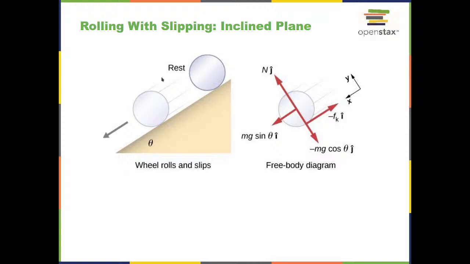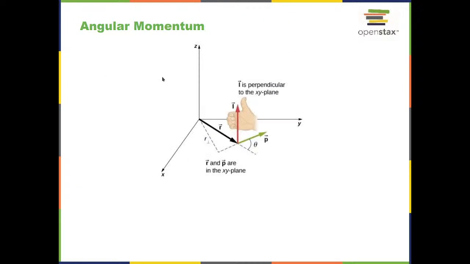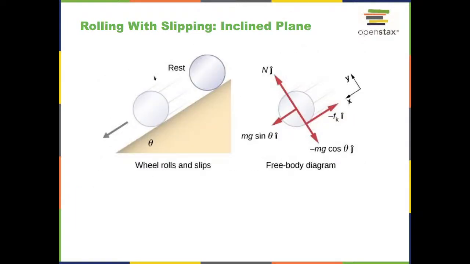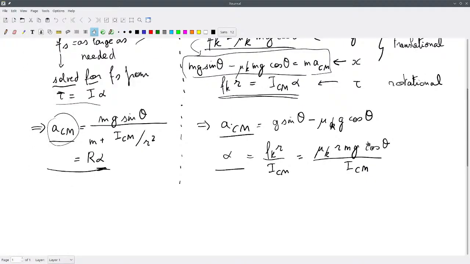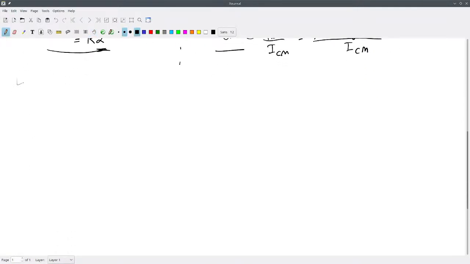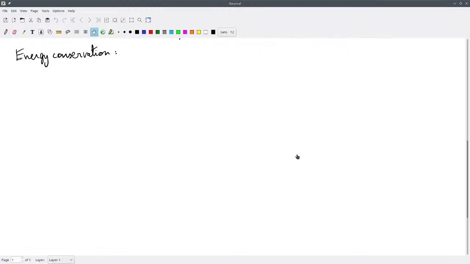So we can, of course, use that here as well. I don't have any slides for that. So we can use energy conservation, or energy considerations, to solve this kind of problems as well.